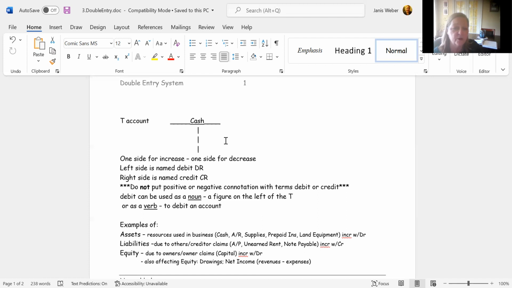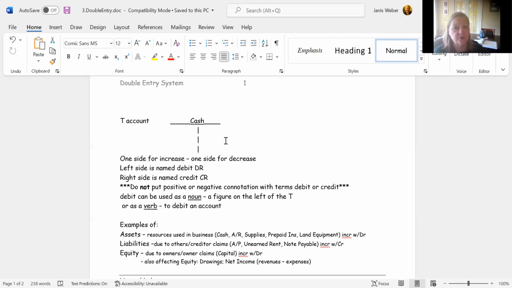And so those payables are amounts we are going to owe. And also, if the bank gives you some money to start your business up maybe, and you owe the bank back, you have an account on your books called notes payable. And that is just keeping track of how much you still owe the bank. And so that is a liability account. And when we increase those, we show it as a credit.